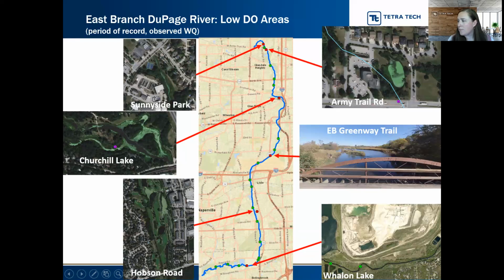I was just pointing out some areas to keep in mind. Here's one where the East Branch flows alongside a golf course that has some green water bodies associated with it. There are even aerial imagery surveys that could be conducted to help identify target locations for specific restoration practices.